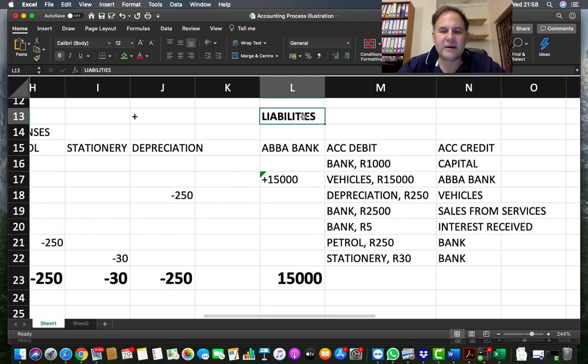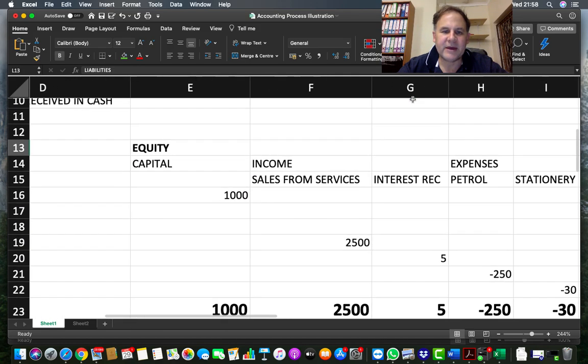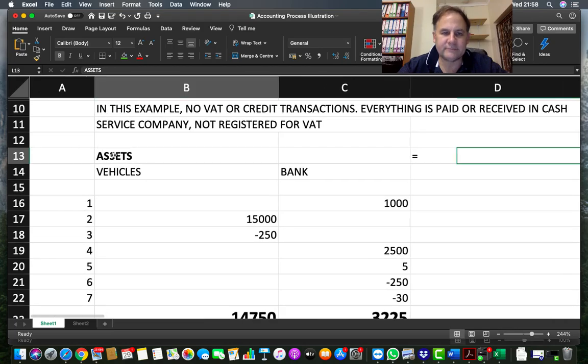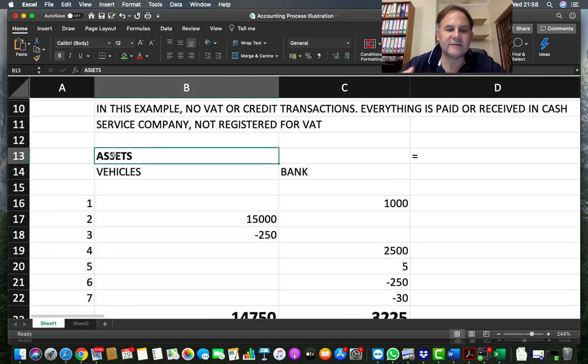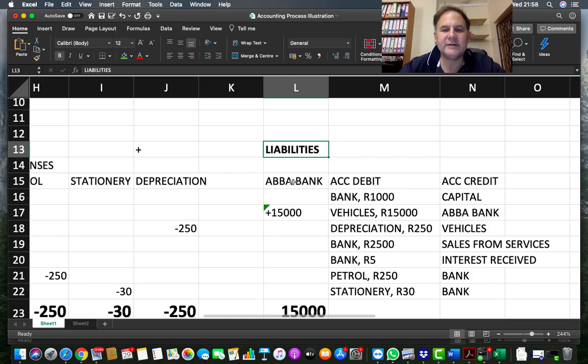So my elements are liabilities and assets. When I subcategorize the asset, I take it down to vehicles. When I subcategorize the liability, I take it down to the loan with Everbank.